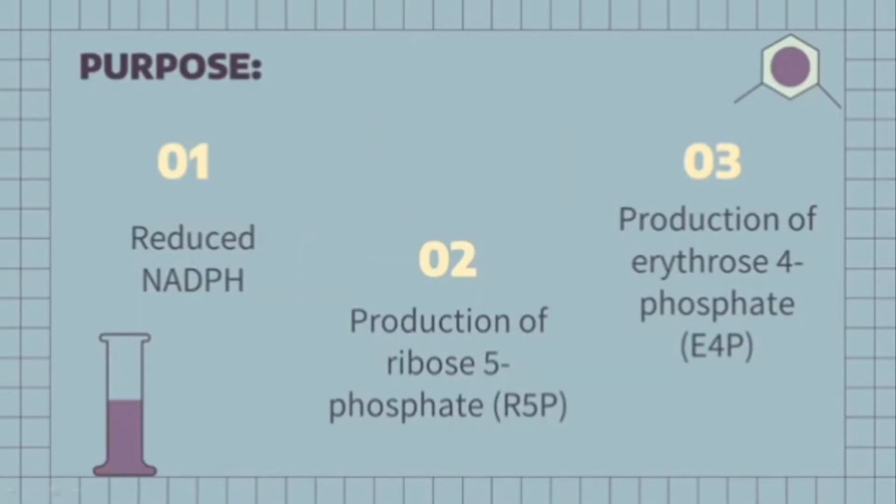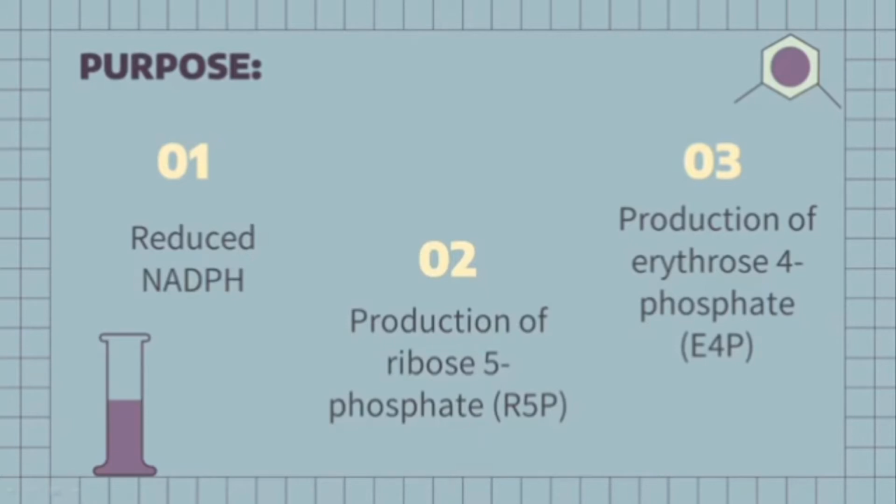The purpose of this pathway is the production of NADPH, the production of ribose 5-phosphate or R5P, and the production of erythrose 4-phosphate or E4P. So first is the production of NADPH. The generation of reducing equivalents in the form of NADPH is used in the reductive biosynthesis reactions within cells.